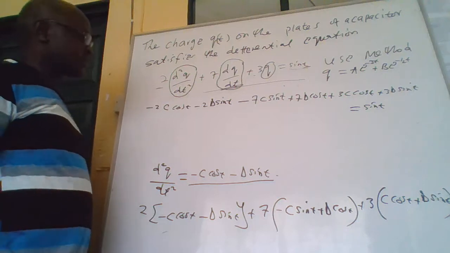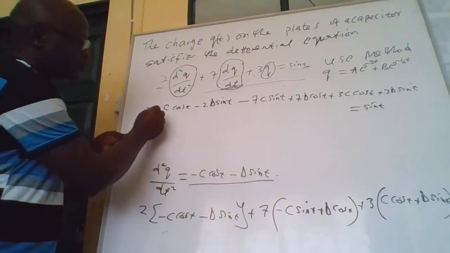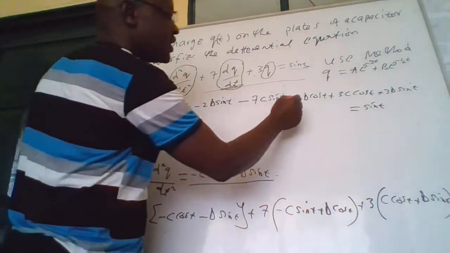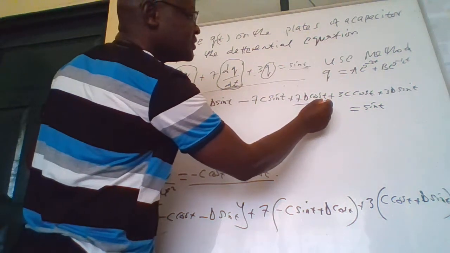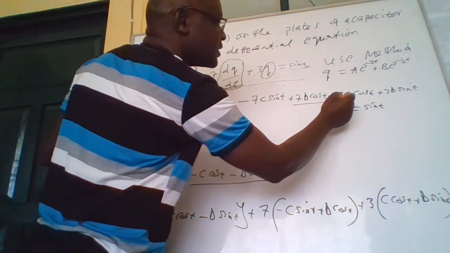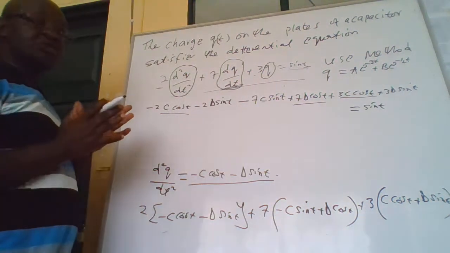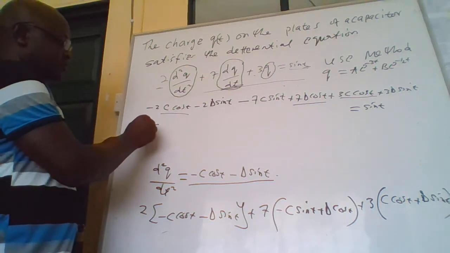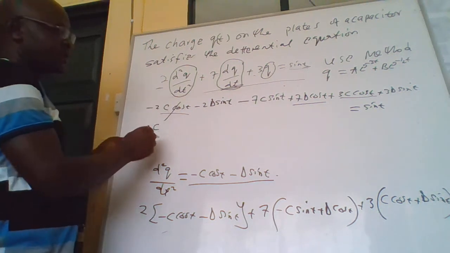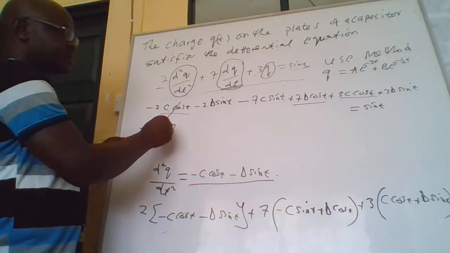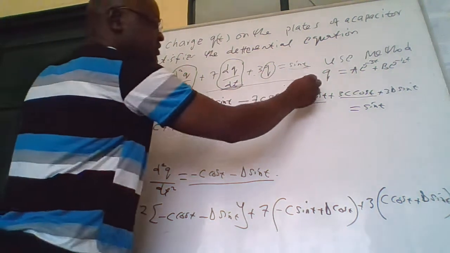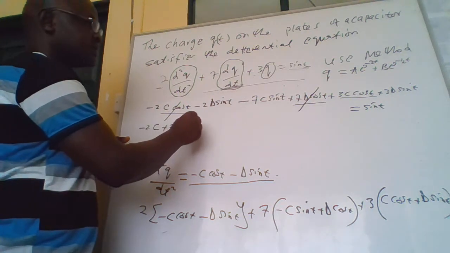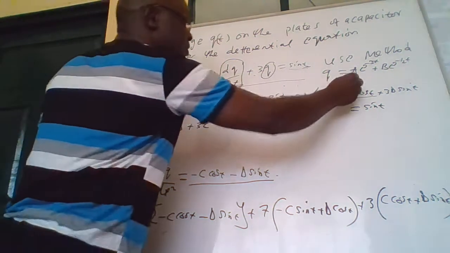Now, do we have like terms? Yes. We want to group those that have cos t, we put them together. We have this, we have that, and then we also have that. We put them together. So we shall have minus 2c, which is this one, plus 7d, which is this one, plus 3c, which is this one.